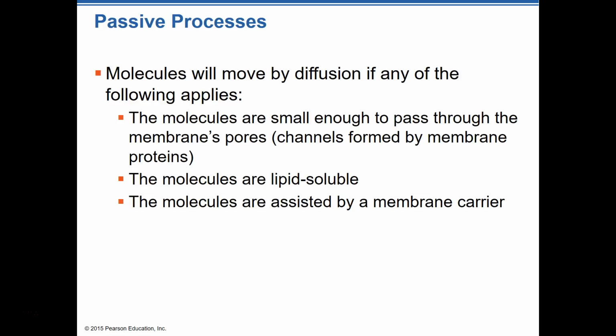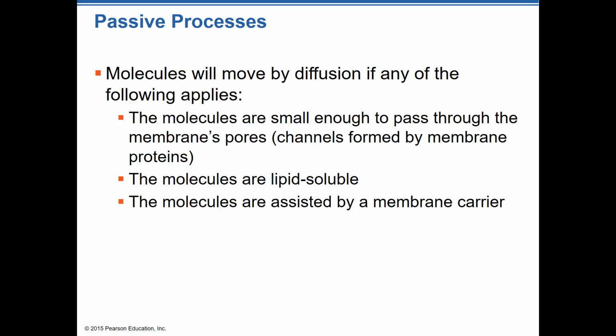So molecules will move by diffusion if any of the following things apply: if they're small enough to pass through the membrane. When we're talking about diffusion across cell membranes, if we put a cell in a glass of water and we change what was inside of that water, those molecules would either move, or the water would pass through that membrane.